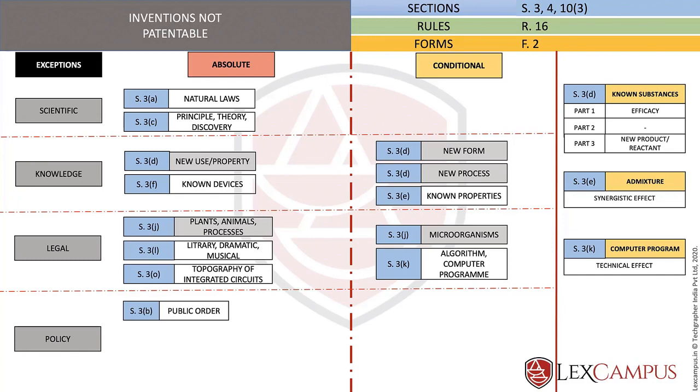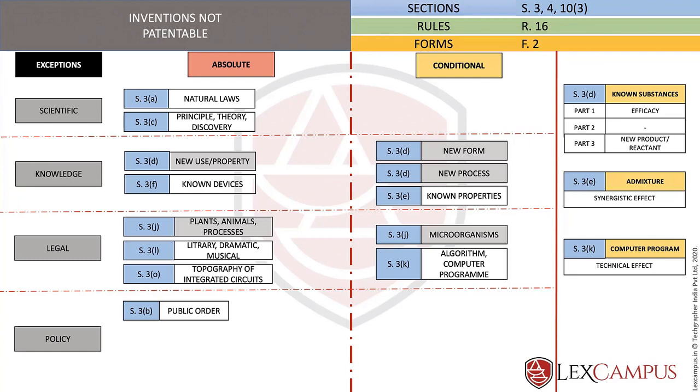Now, with regard to policy exceptions, the first policy exception you find is in section 3b, which states that an invention, the primary or intended use or commercial exploitation of which could be contrary to public order. So what is against public order or morality? Morality is defined by the country.